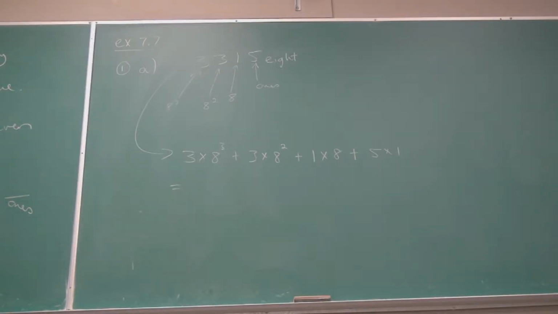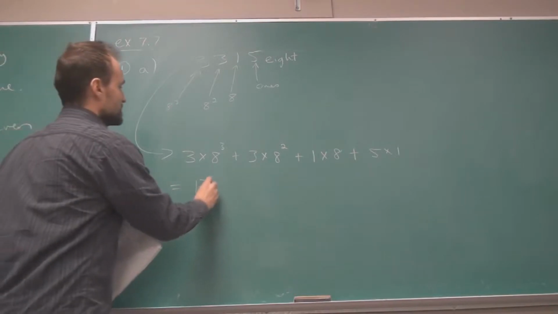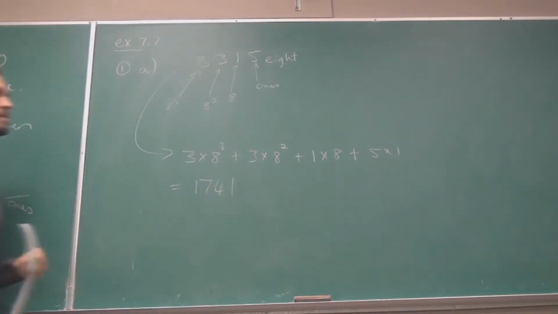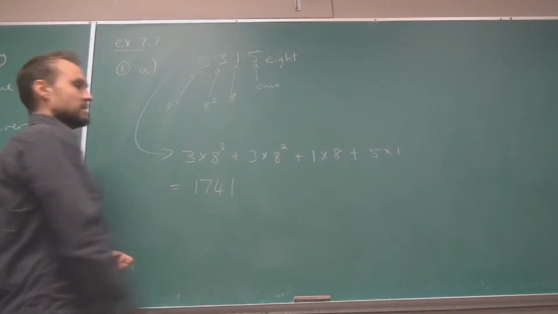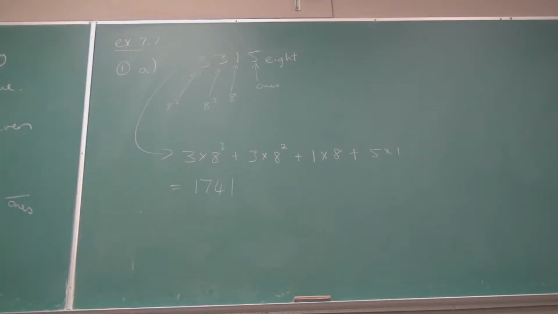What is the answer that you get? 1,741. That number does not have a subscript because it's a decimal number. Though if you want to give it a subscript 10, that will be okay as well. But we drop the subscript and agree that it will be our decimal number.